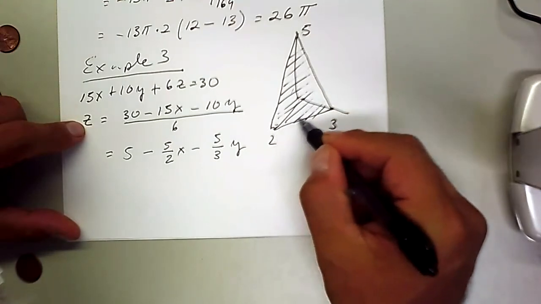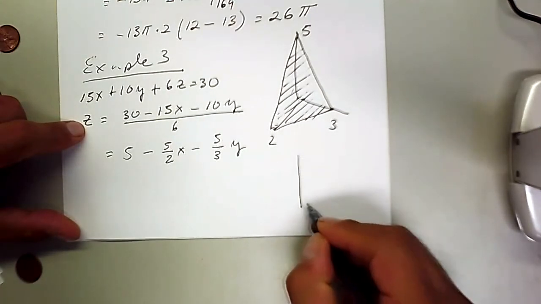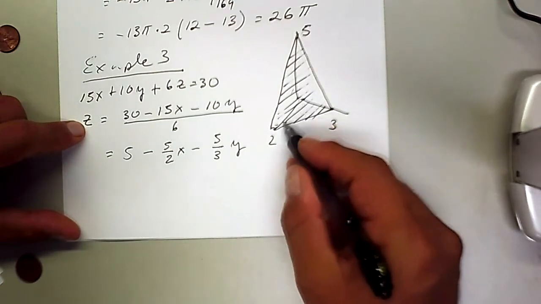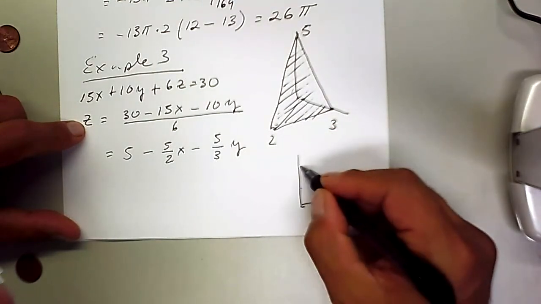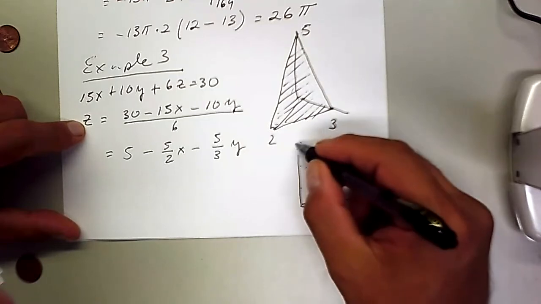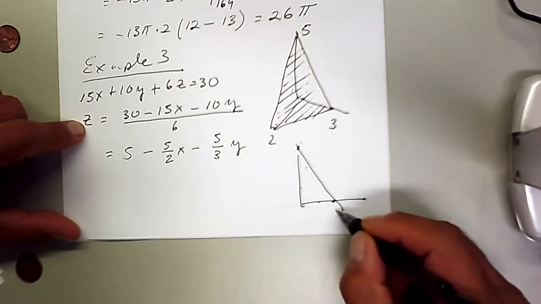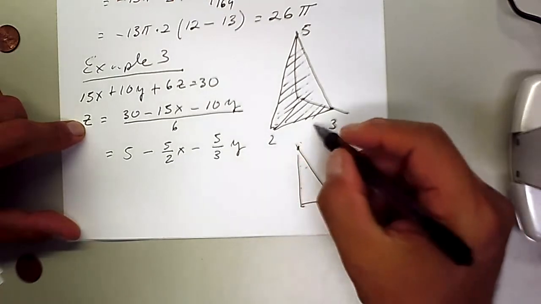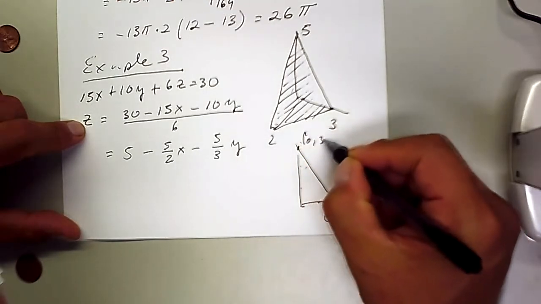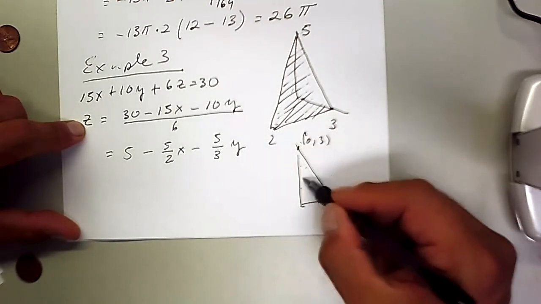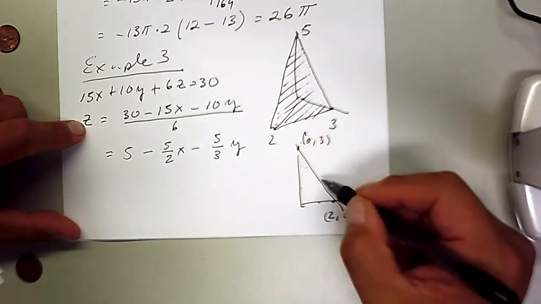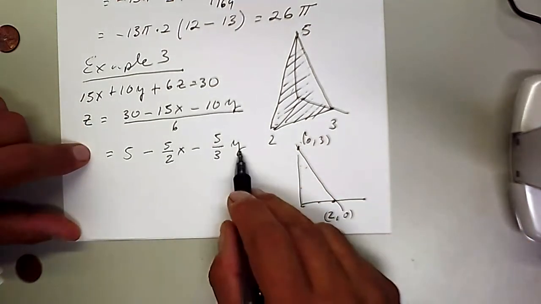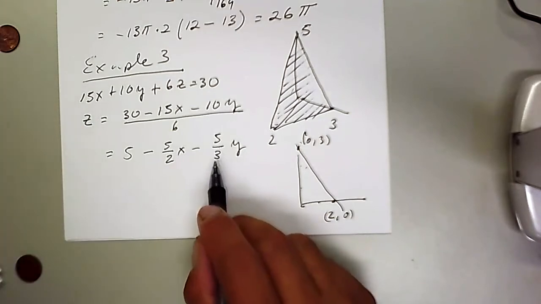Let me draw the region here. So the x is 2, and the y is 3. So 2, 0. This is the top view, and 0, 3. So we are integrating over this region, a double integral over this region. Double integral, not of this. You've got to follow the formula.